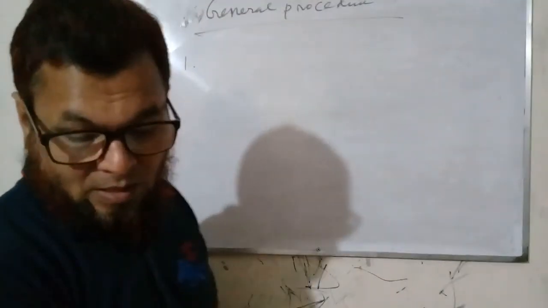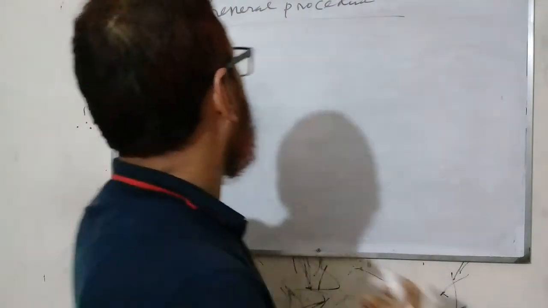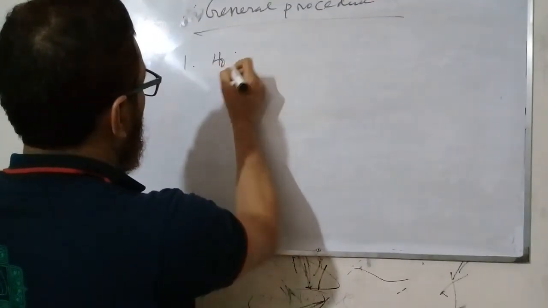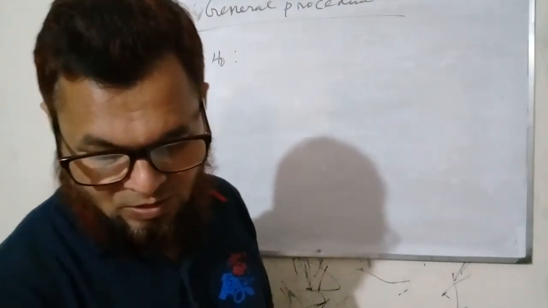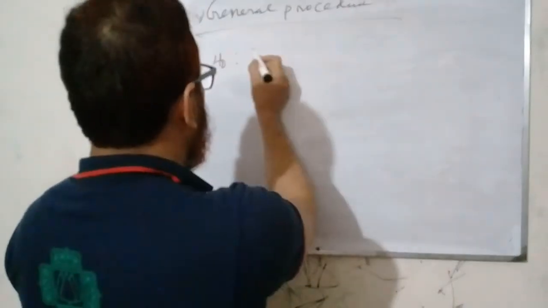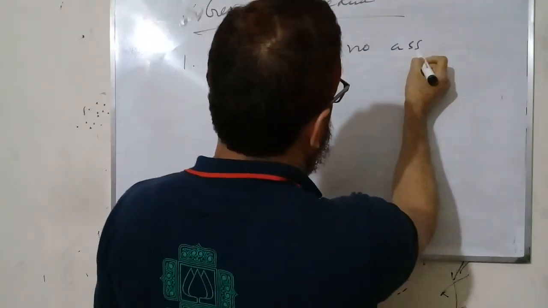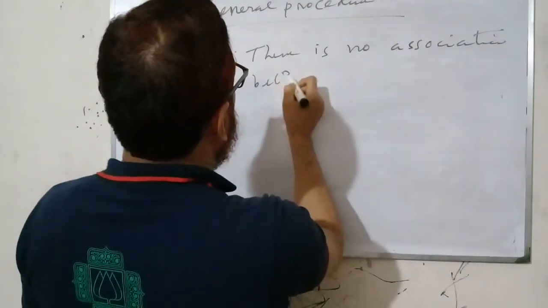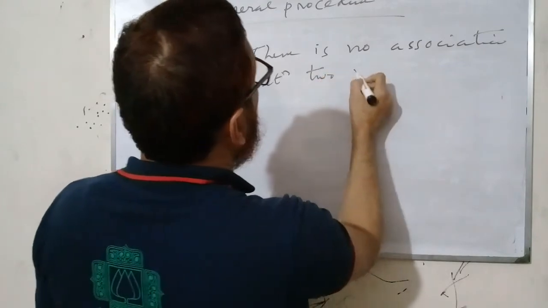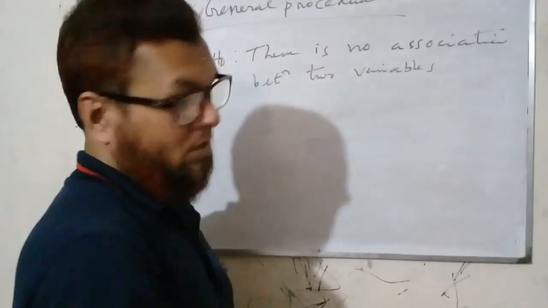Number 1, at first state the null and alternative hypotheses. Null hypothesis: there is no association between two variables, that is, they are independent.